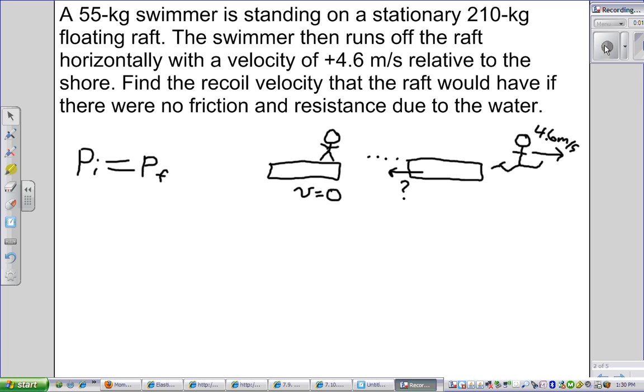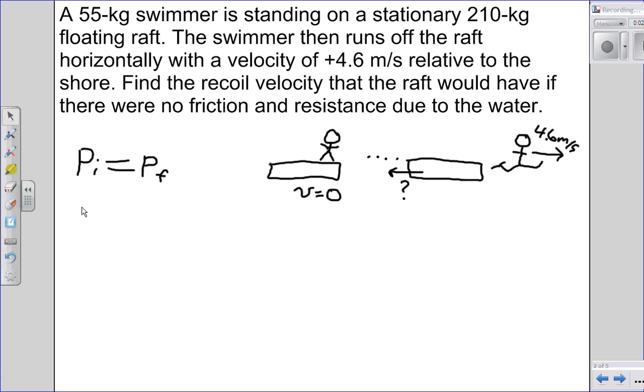So here's our picture where we initially have zero momentum, and then we have these two things going apart from each other, and we have to now use our equation, and I'll show you how that works. Since the initial momentum is zero, that's what we put right here, our initial momentum is zero, and the units are 0 kilogram meters per second equals, now we have the momentum of the raft, and that's going to be a negative momentum, plus the momentum of the swimmer.